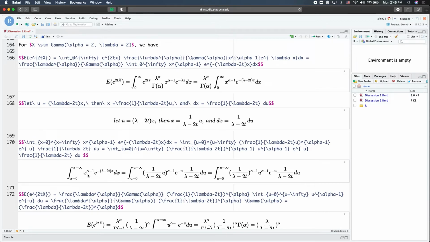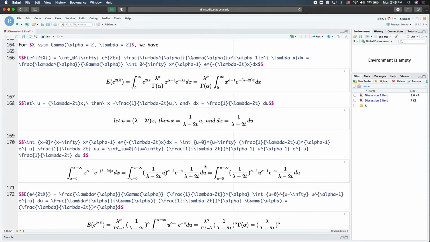And so x to the alpha minus 1 is just this part raised to the power of alpha minus 1. And this part is just e to the power of negative u. And then dx is just this part multiplied by du. We also change the domain, or the support, from x to u, and it is also under this range.